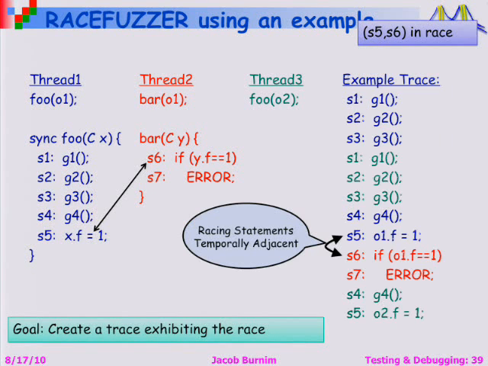For example, something like this: a trace where threads 1 and 2, or threads 1 and 3, run for a while. Then we have dynamic instances of statements S5 and S6 that run right next to each other, and one of them is writing to the field f of object 01, while the other is reading from field f of object 01. This would be a trace that actually shows the error. So we'd like to see, can we produce something like that?